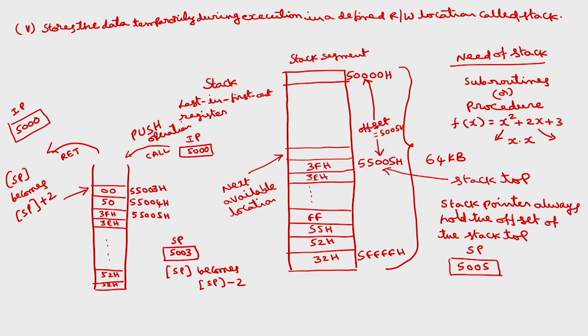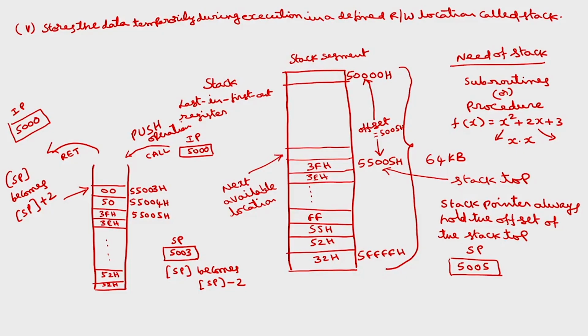So the need of the stack is, whenever a particular operation is repeatedly coming, instead of writing the program that many times in the main program, we can write a simple program in a subroutine and you can call it as many times as you require. In that process we need to store the contents of the instruction pointer and the registers temporarily in some memory location, which is called the stack.